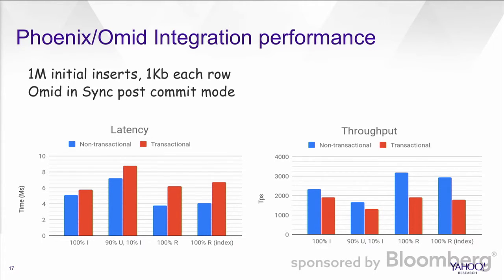The y-axis shows the time, and you can see that for 100% inserts, an insert to a non-transactional table was around 5 milliseconds, while to a transactional table it was less than 6. So you're saying, okay, it's more than 5, but here we get some transactional guarantees.